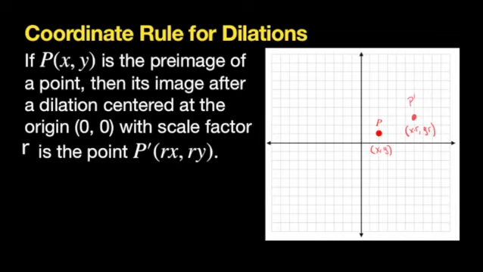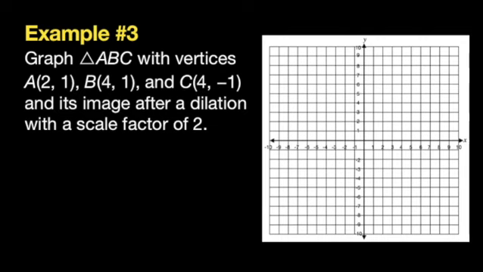You can use this information to find the scale factor, because in this case, they're going to give you a precise point and the original point, and then you can put it back into our formula. In example 3, they're giving you a triangle that you have to graph at the precise points.